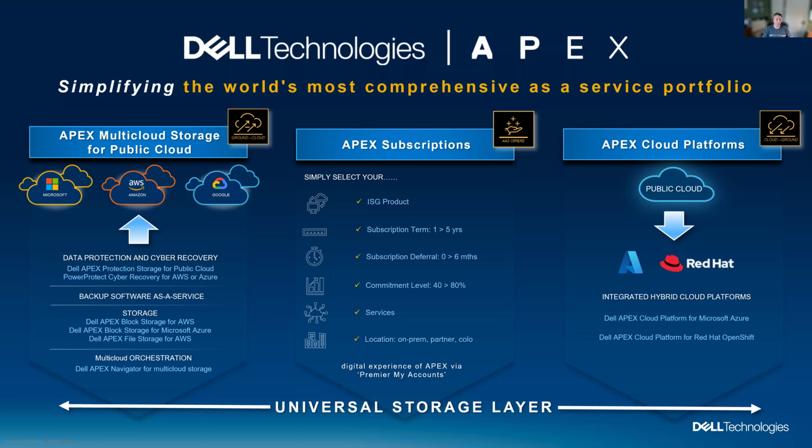All of that is taken care of, right, when you go down the Apex route. And again, it can be delivered on-prem, at a partner location, or in a colo. And then lastly, we've got the cloud platforms, and we kind of just went over those. So that's really all I had for you today, Chris.